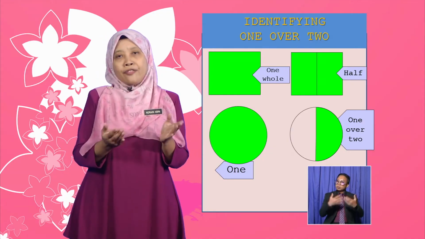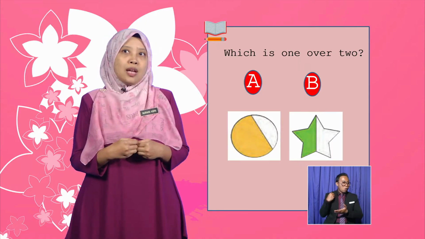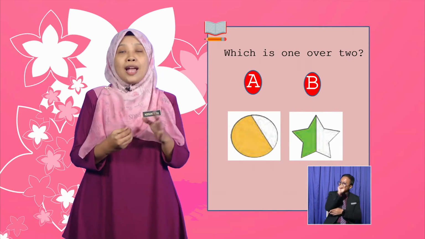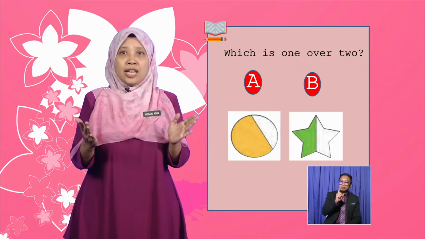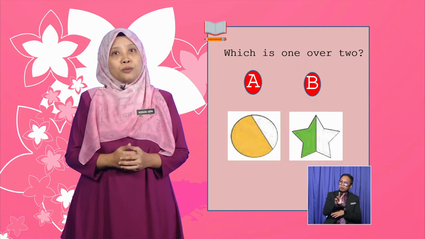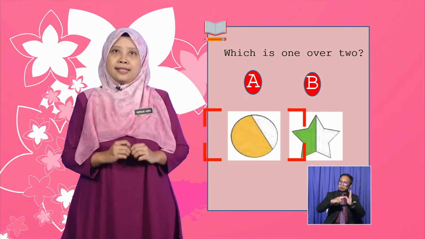Since you have understood half and 1/2, how about a quick test to check your understanding? Which of these shapes can be considered as 1/2? Picture A shows a circle.